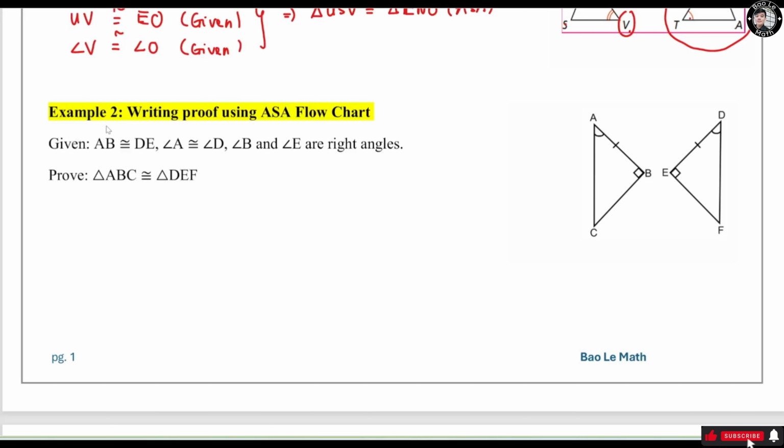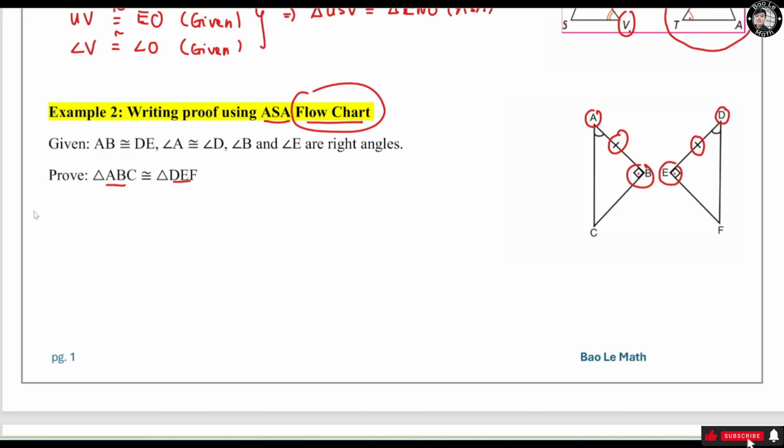Now let's move on to example number 2. Write a proof using an ASA flowchart. Given angle A congruent to angle D, side length AB congruent to side length DE, and angle B congruent to angle E, we need to prove triangle ABC congruent to triangle DEF. We need to use the flowchart, so we start right here. This is 90 degrees, and this is 90 degrees.